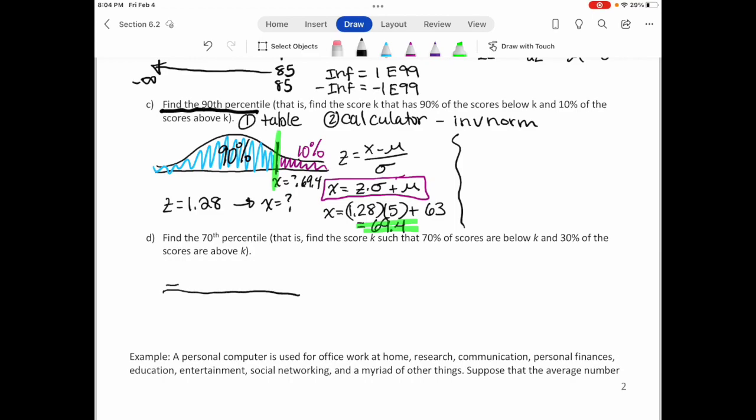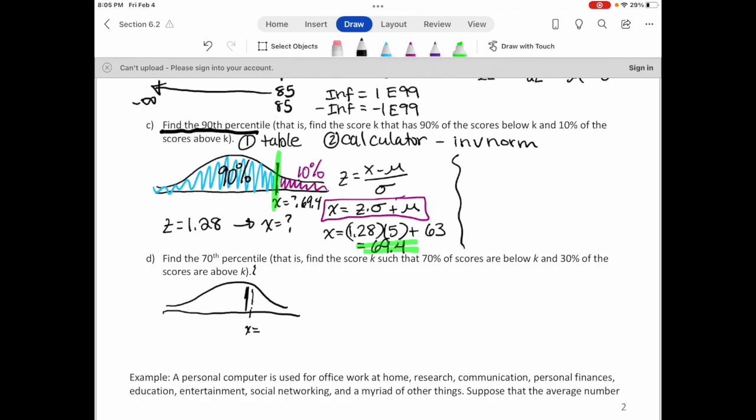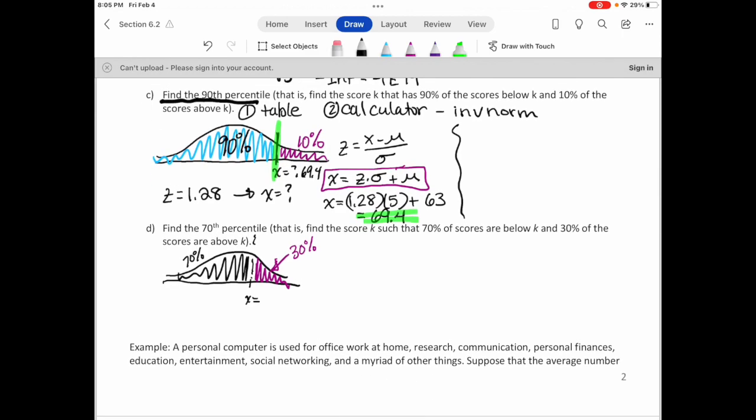If we want to find the 70th percentile, that means I want to find the value of x that makes it so 70% of the data is to the left and 30% is to the right.